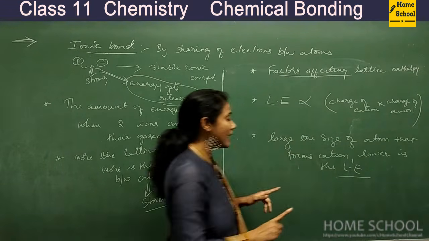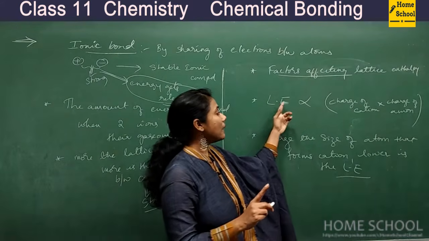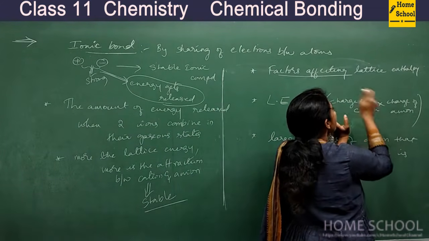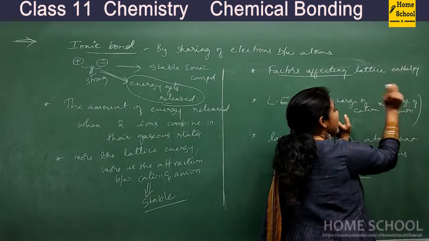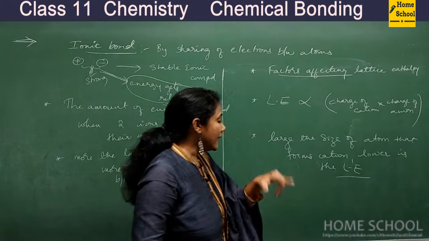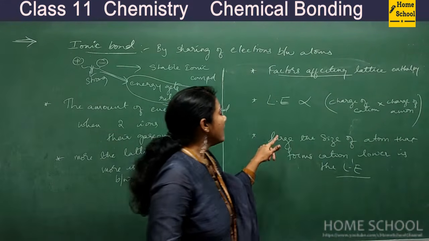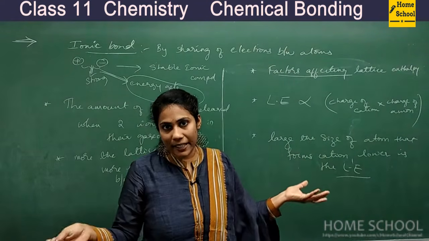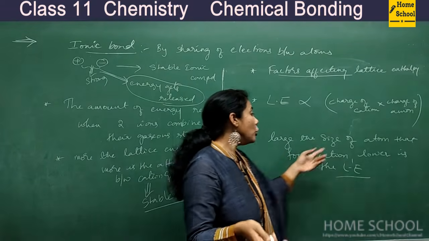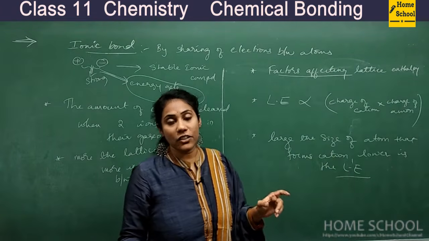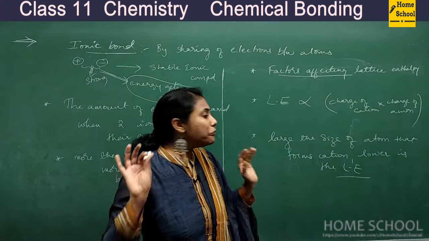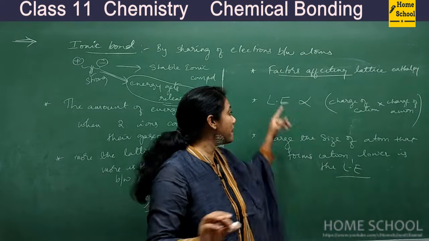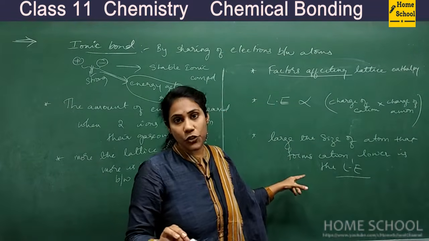Okay, so remember guys, lattice enthalpy is directly proportional to the product of charge of cation and charge of anion. And another point you need to remember is, larger the size of atom that forms cation, lower is the lattice energy.